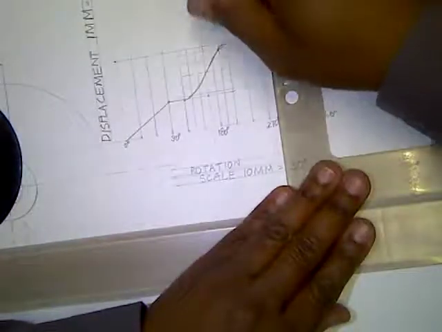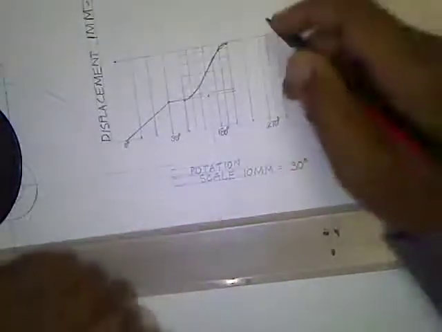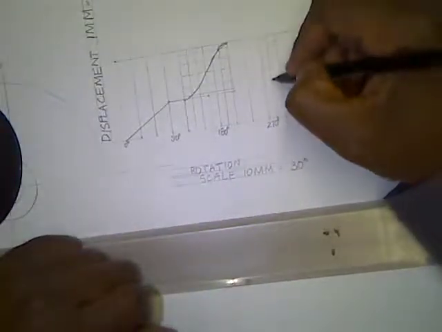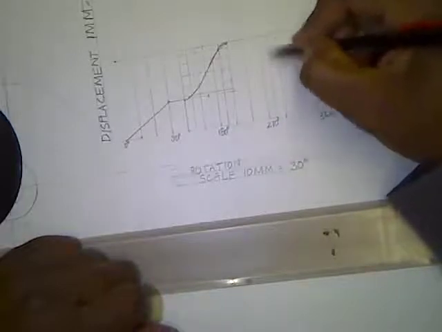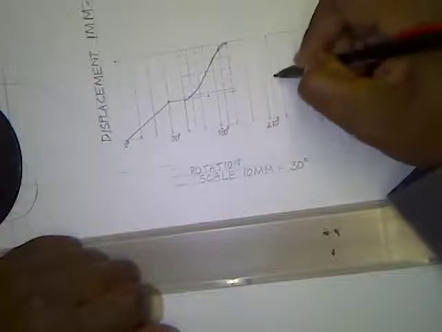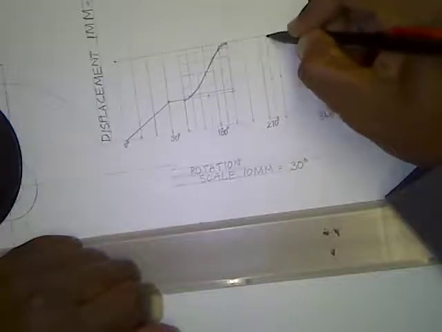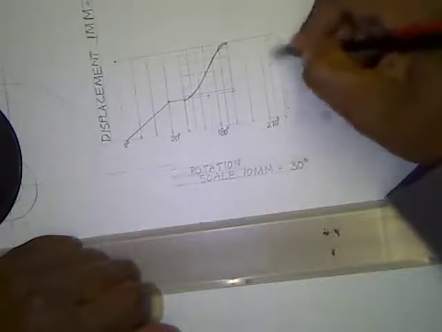I would like to draw my division of 5 millimeters here for the acceleration and retardation. Now you want to divide this part into 3. I will divide this into 3 equal parts.